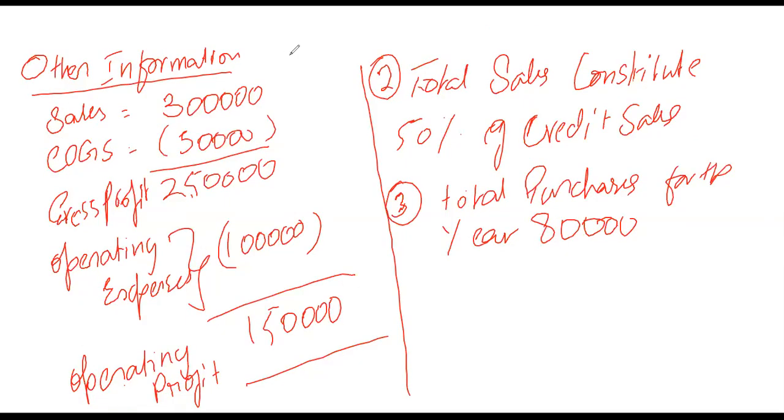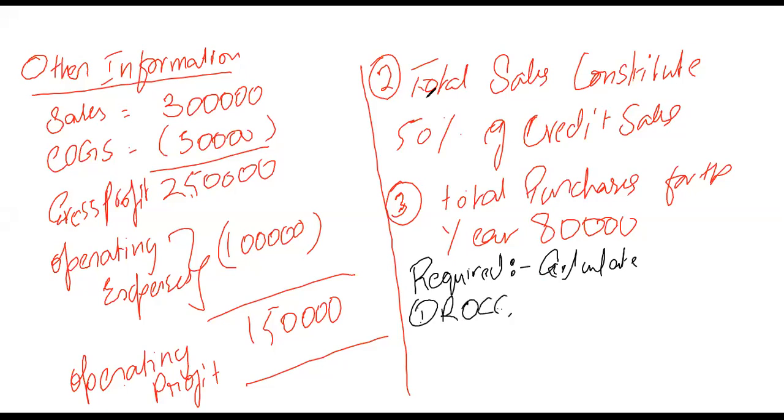Now, the requirement of this question is that I'll be calculating each and every ratio right now. Calculate number one, ROCE. Number two, return on sales.